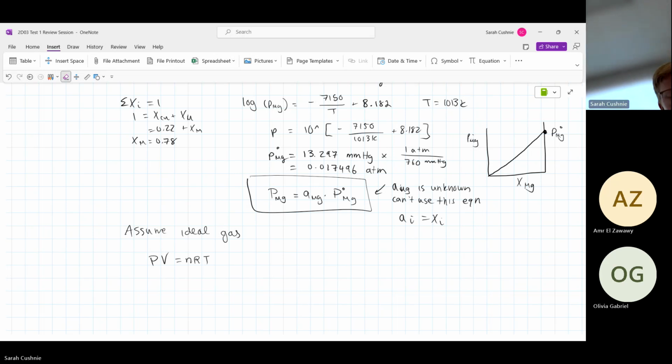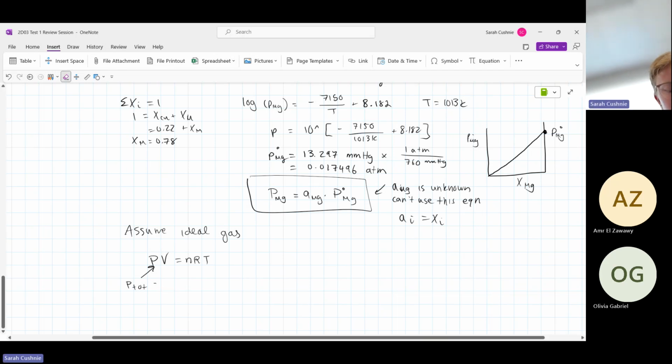We know P total is equal to 1 atmosphere. Or I guess we know that the P saturated would be equal to some value that we just calculated. We know R. We know T. Next we look at n. V is a little tricky.